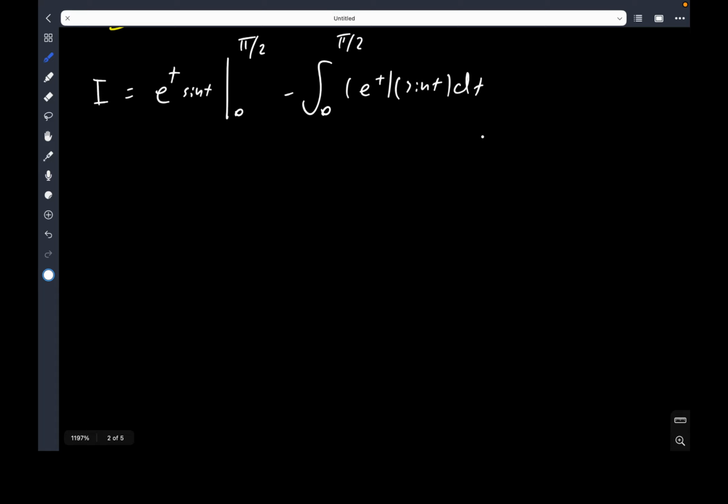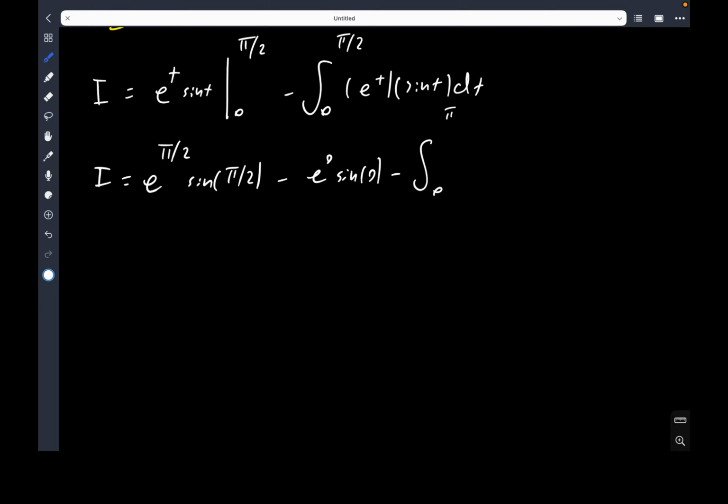Now, if I calculate this limit, I'm going to expand it. It's going to be e to the pi over 2 sine of pi over 2 minus e to the 0 sine of 0, minus this new integral, e to the t sine t dt.